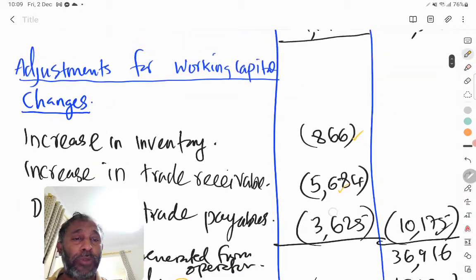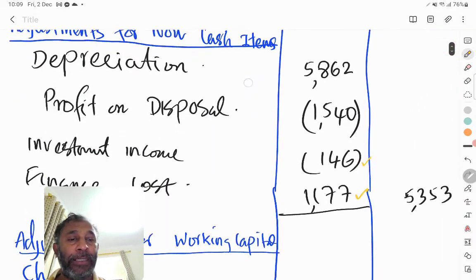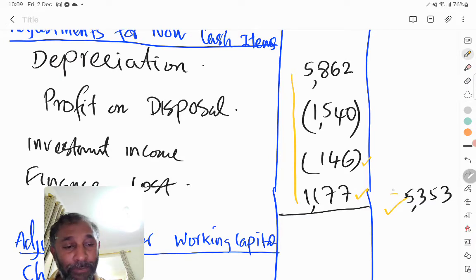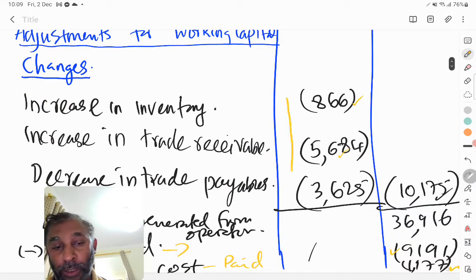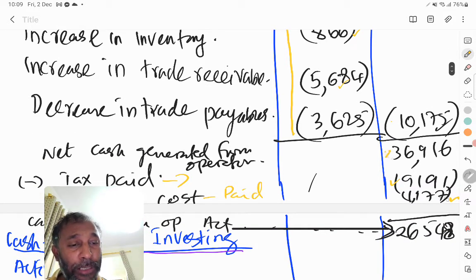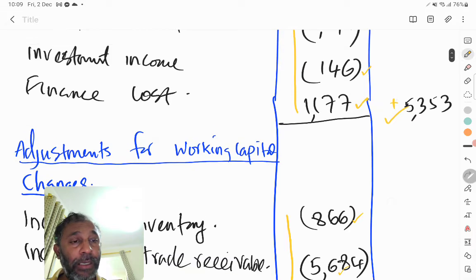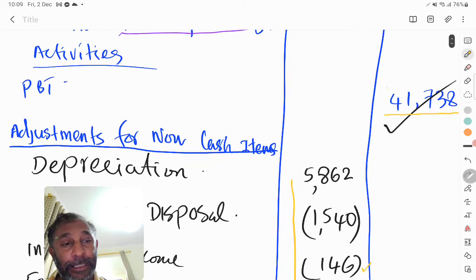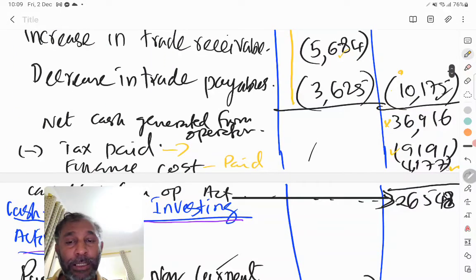Now we have to go up and take the total of all this, and this gives you 5,353, a plus number. Then take the total of all this, and that gives you minus 10,175. Then take the total of these three, giving you 36,916, and subtract these two from 36,916, so 26,548.